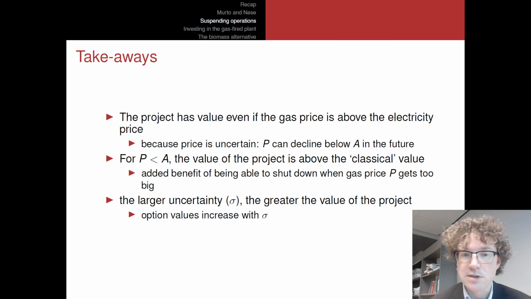And finally, the larger the uncertainty sigma, so sigma appears in this beta 1 and beta 2, you'll find that these option values are actually going to be greater. So the larger the uncertainty, the larger the option value, meaning that these lines basically will go up in the graph.